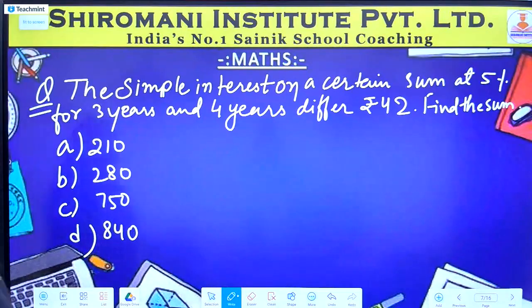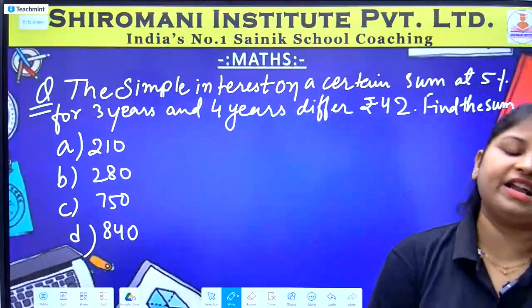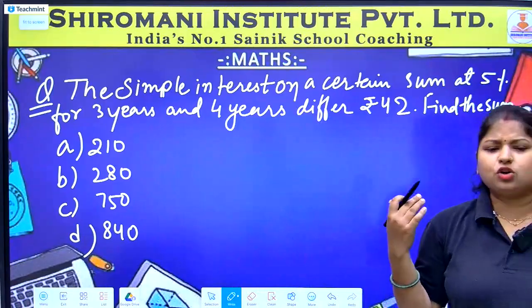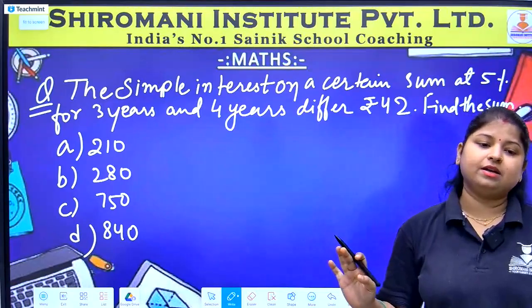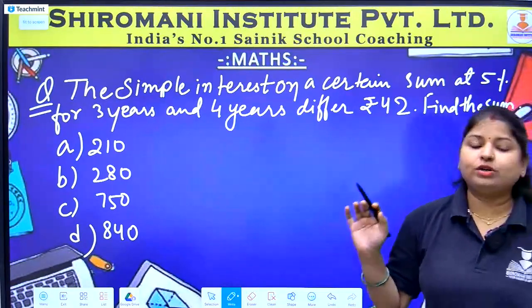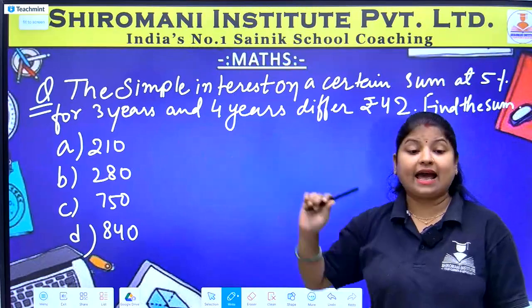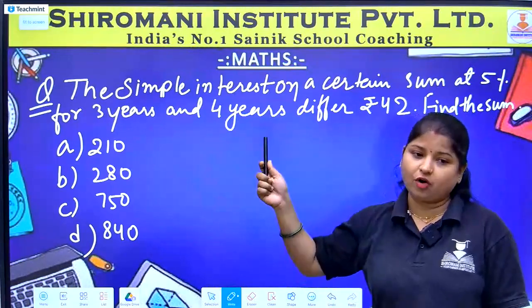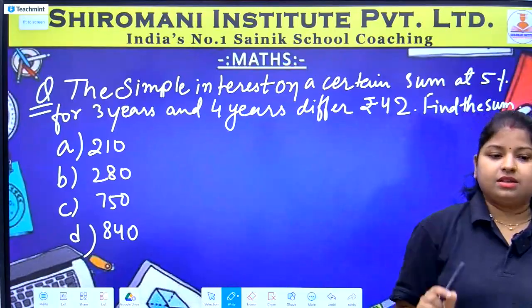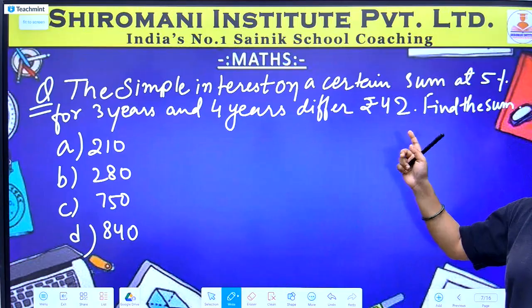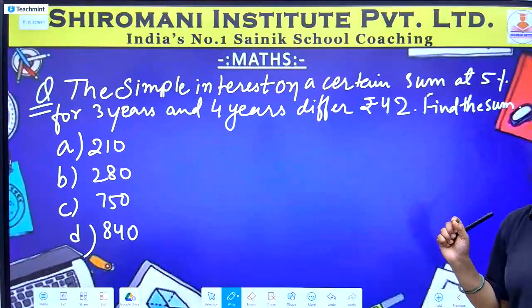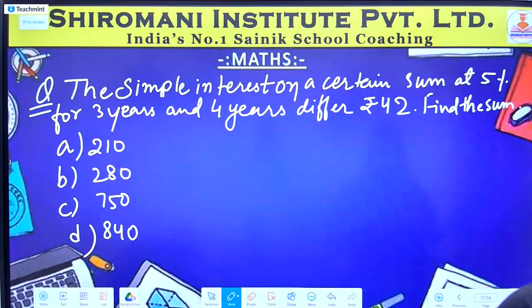See, the question says simple interest on a certain sum. I don't know the sum in this question also. I don't know the principal. Whatever the principal is, if you take out the interest for 3 years and then the interest for 4 years, the difference between them is 42 rupees. You have to find the sum, and you can easily calculate it.